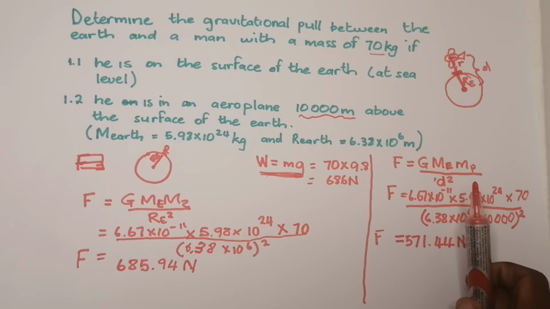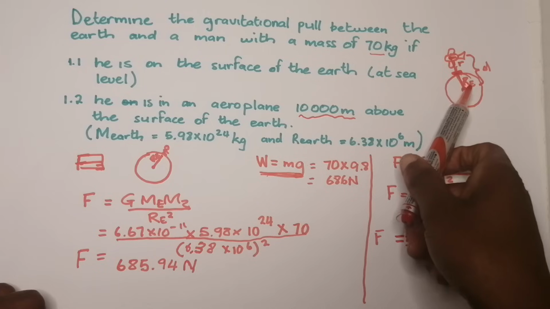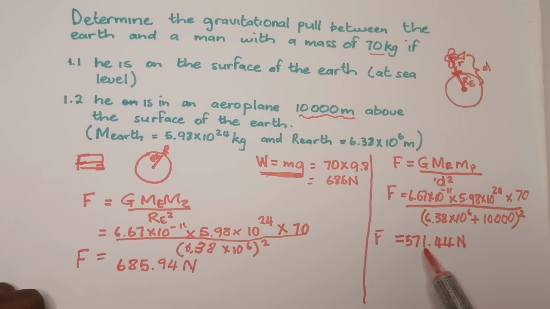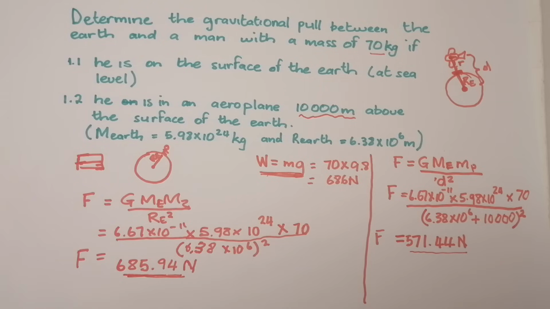So the further I move away from the object, the smaller that force becomes, isn't it? So the further this person moves away from the surface of the earth, the smaller that force becomes. So if you look at this force in comparison with the one that we calculated on the surface of the earth, you'll see that that force is now smaller than that force. Right, so this is how we would tackle the question.